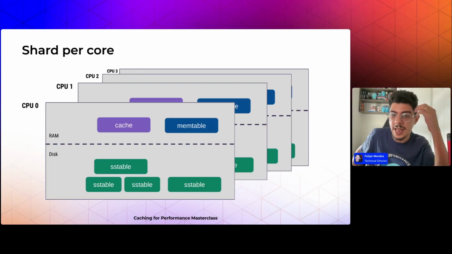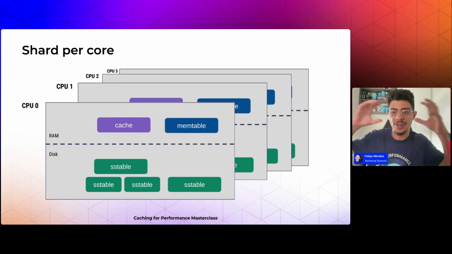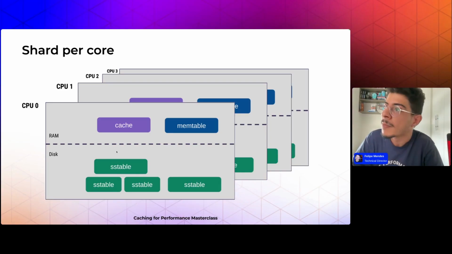What this means is that each CPU gets its own portion of SSTables, main tables, and RAM, and each CPU's cache gets dynamically allocated depending on your workload, depending on how your access patterns are actually distributed, whether you have imbalances, and so forth.